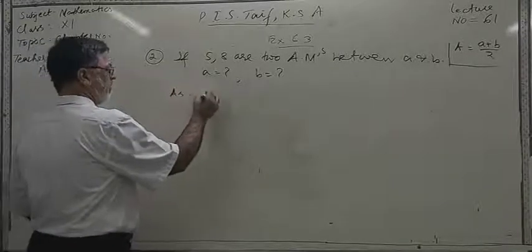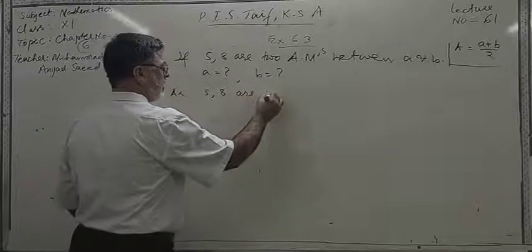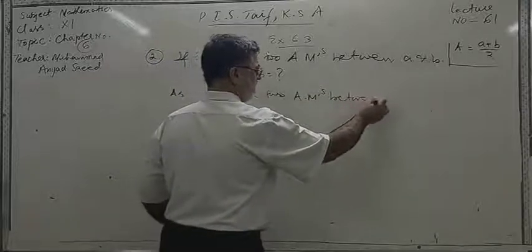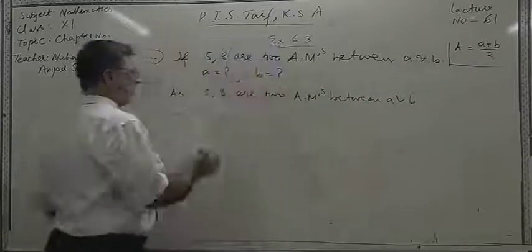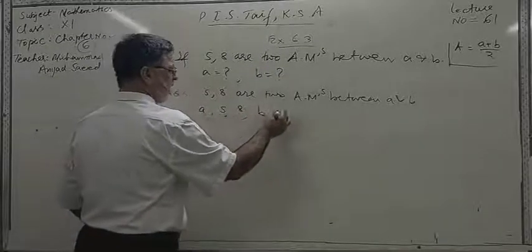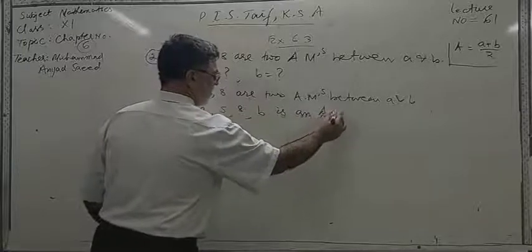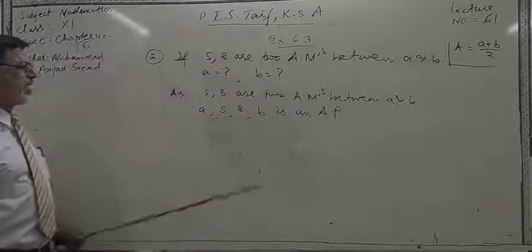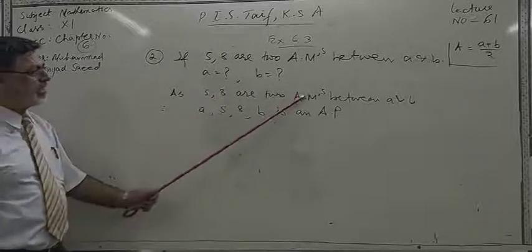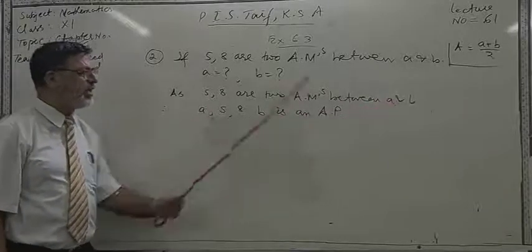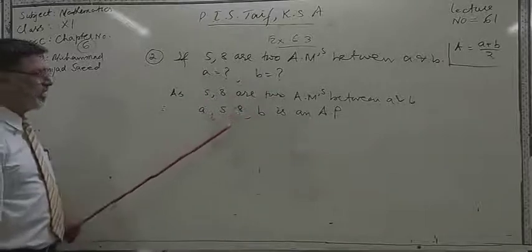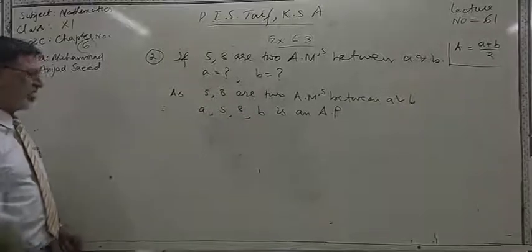As 5 and 8 are two arithmetic means between a and b, therefore a, 5, 8, b is an AP. Dear students, a and b are at the ends, at the corners, and 5 and 8 are in between them. So this is an arithmetic progression.